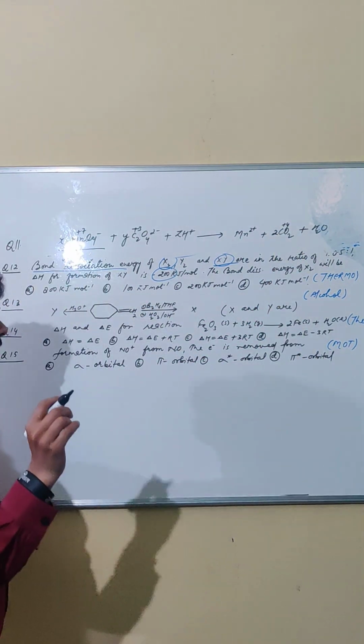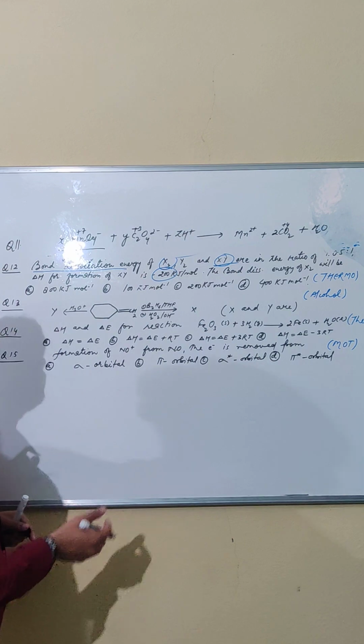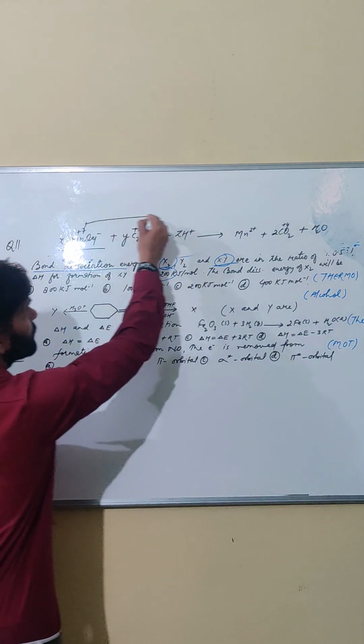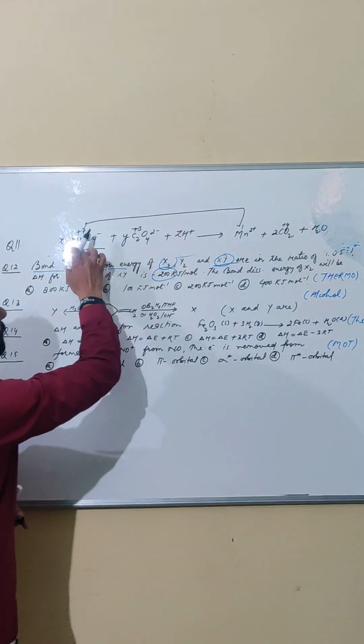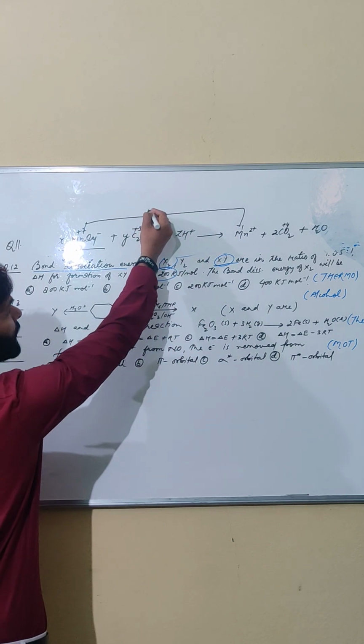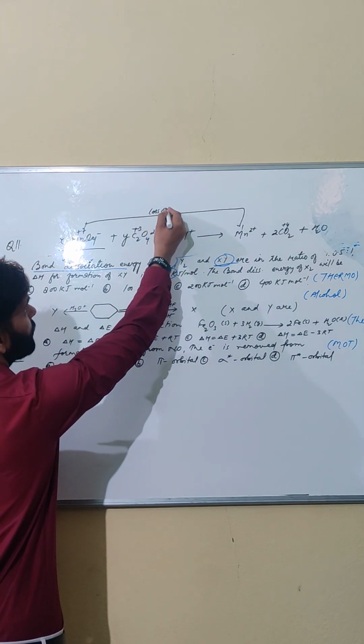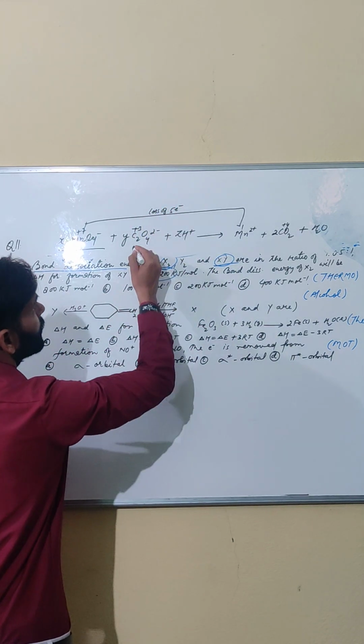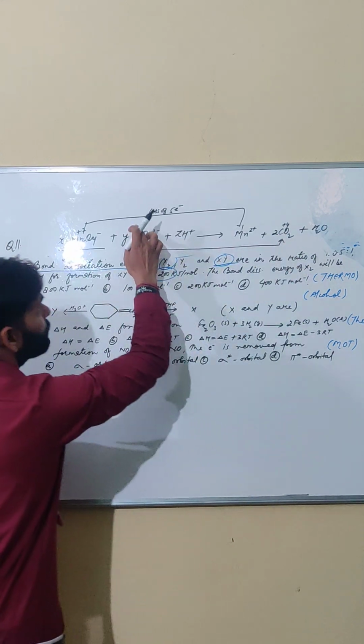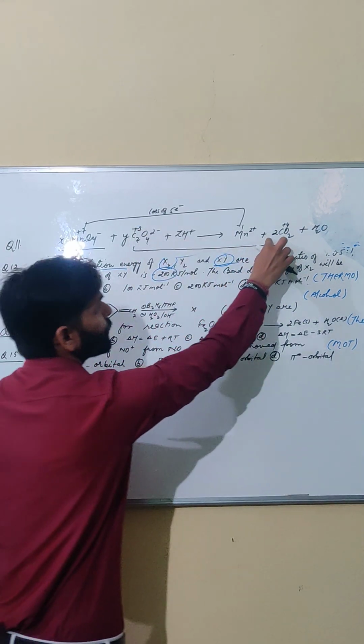After this, find the change in oxidation state of the elements. Mn plus 7 to plus 2, we can see loss of 5 electrons.